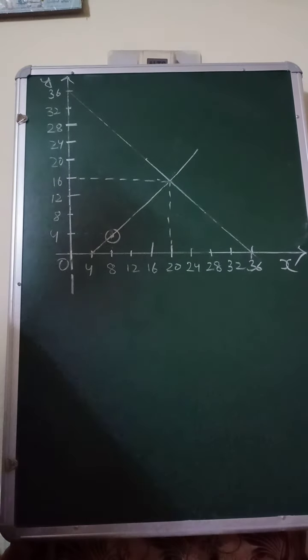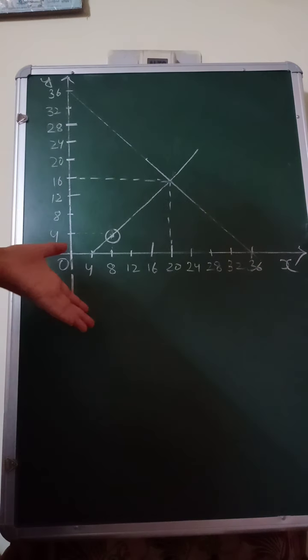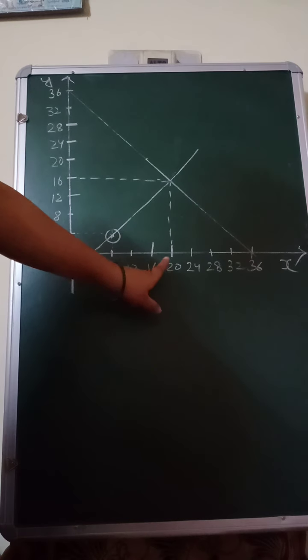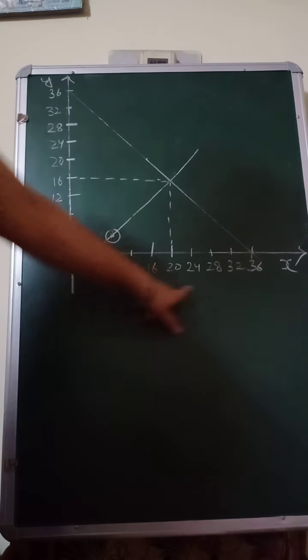So here is your graph. I have roughly put the points on the board. You have graph paper, so you can plot it properly. I have taken the difference in the points as 4, 8, 12, 16, 20 and so on. This is my y-axis and this is my x-axis.